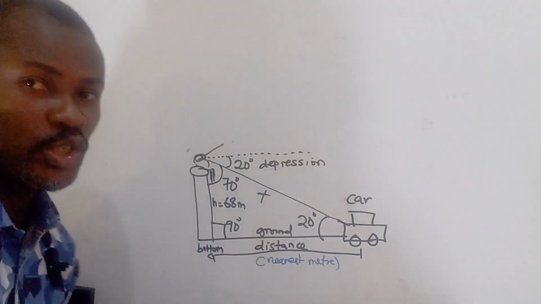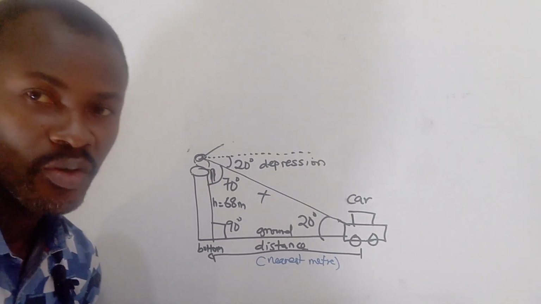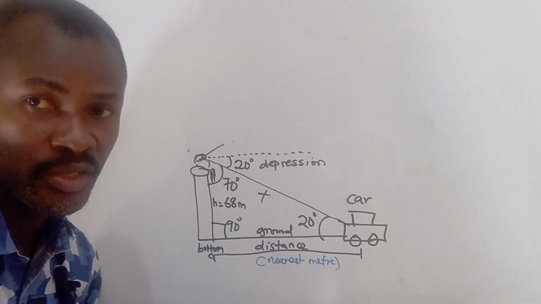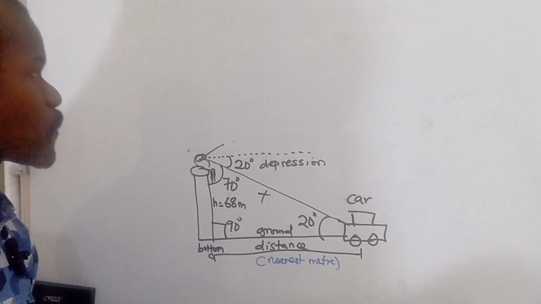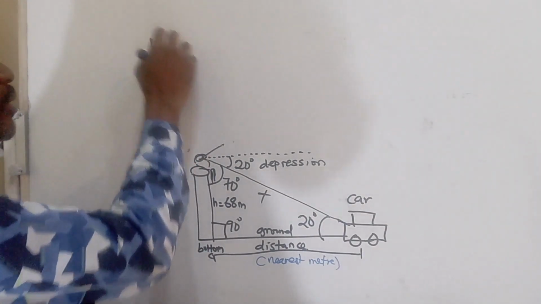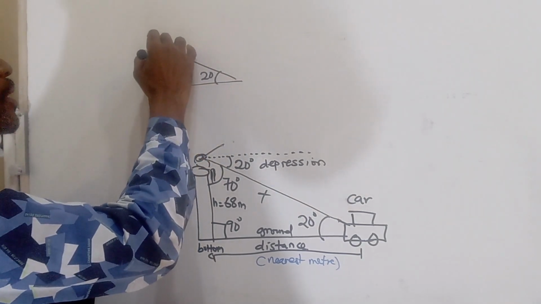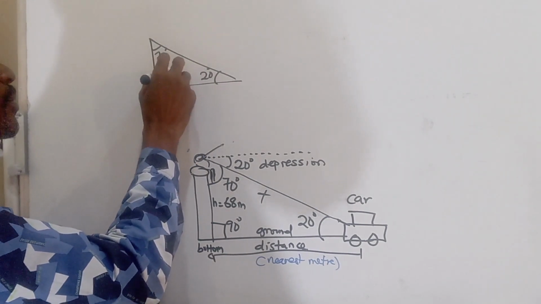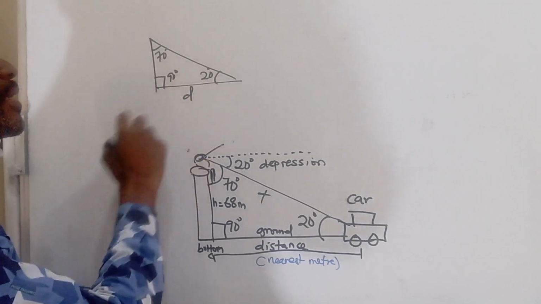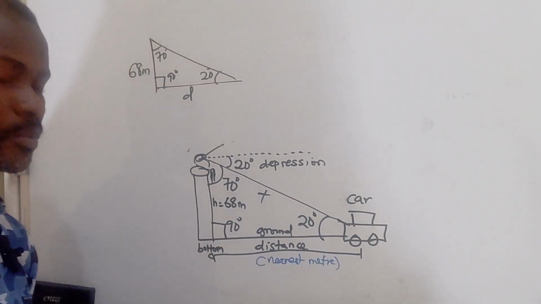Most problems on the application of trigonometry in terms of angle of elevation and depression fall on a right angle triangle. So let me quickly represent the right angle triangle. This is 20, this is 70, and this is our 90. I want to find this distance, given that this is 68 meters.